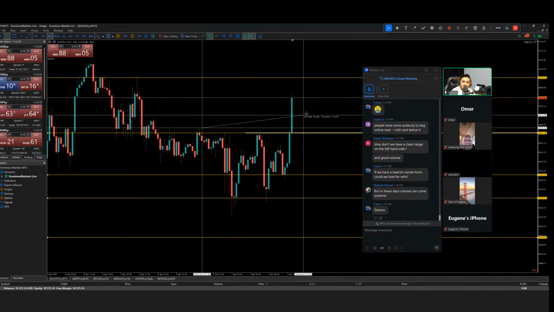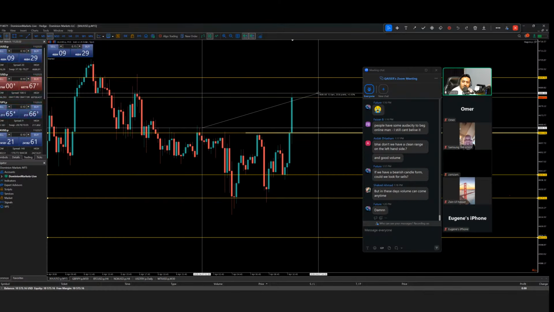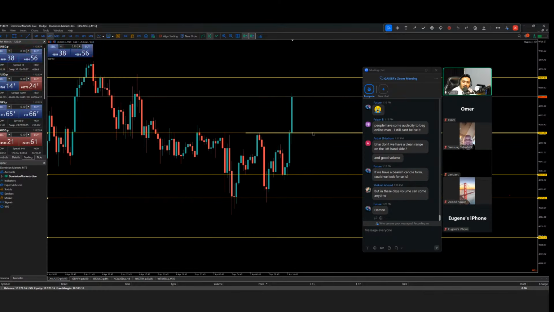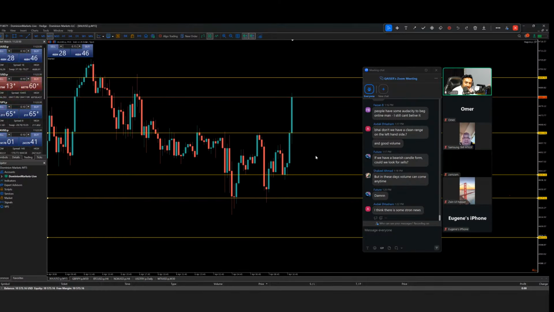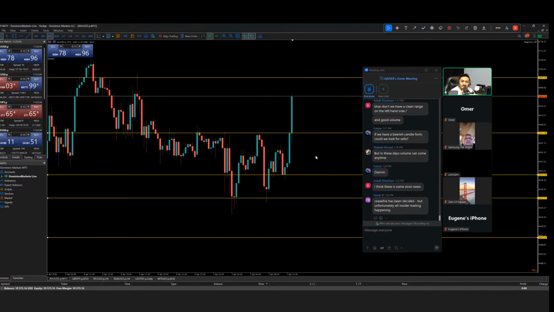Strong resistance area broke, and now it's continuously pushing upside towards another resistance area. Yeah, man, I think there is some strong news. No, there's nothing there. I'm continuously looking at the news on Market Edge AI. It's not updating any news.